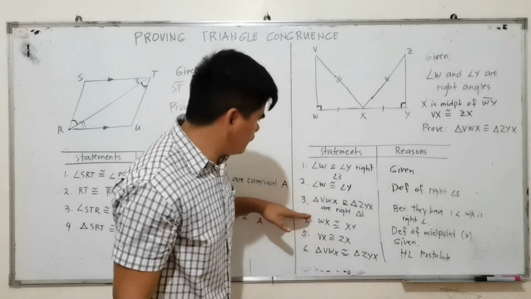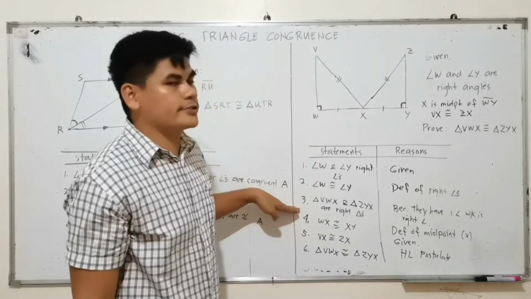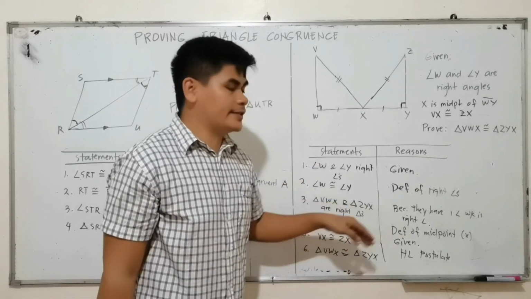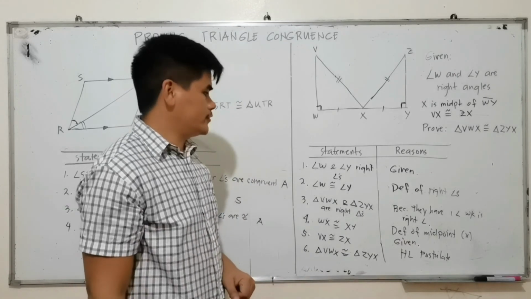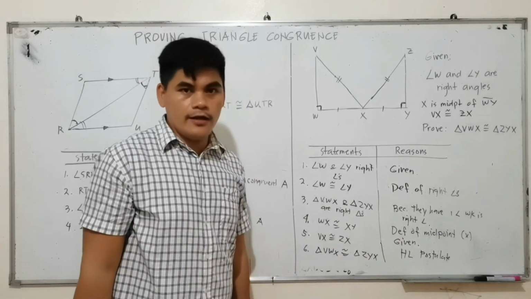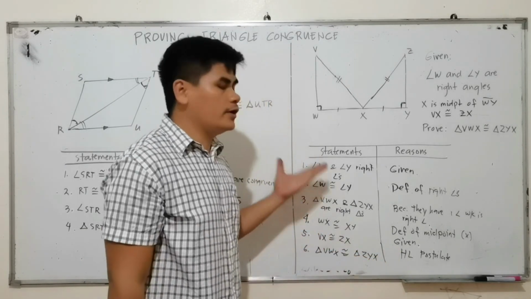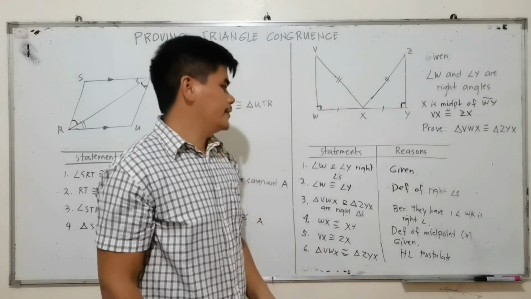That is why in our first statements, the 1, 2, 3 statements, we prove that they are right triangles before we come up with HL postulate. Because again, HL postulate is only applicable for right triangles.